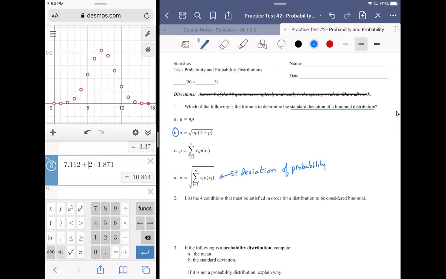Oh, actually, sorry about that. This one's actually nothing. This is a red herring. This is a trick. It's not actually a formula. This is the mean of a probability distribution.